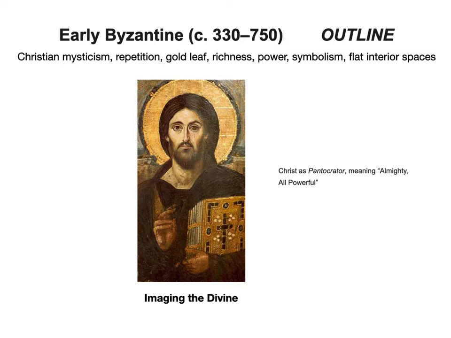So when we think of early Byzantine art, we think of mysticism, repetition of form, gold leaf, richness, symbolism, the expressions of power, and flat interior spaces, and above all, outline.